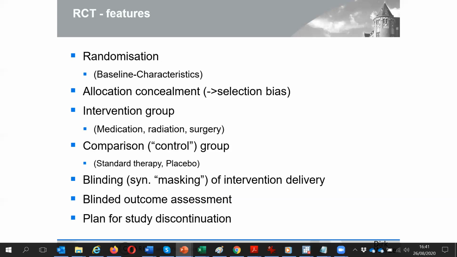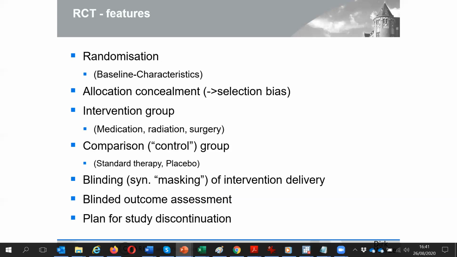Then most randomized control trials have a plan for how the study should be discontinued. I always refer to the coronavirus pandemic, where the chloroquine arm was discontinued. And why?